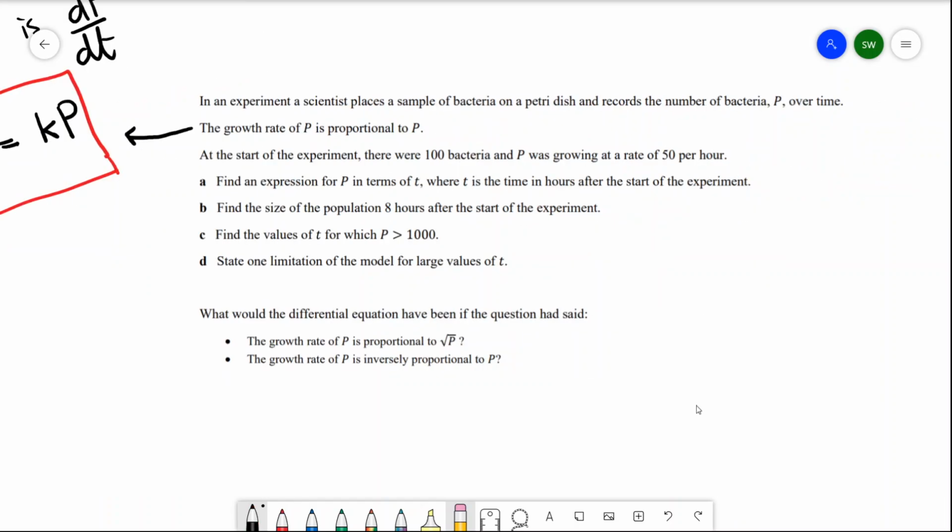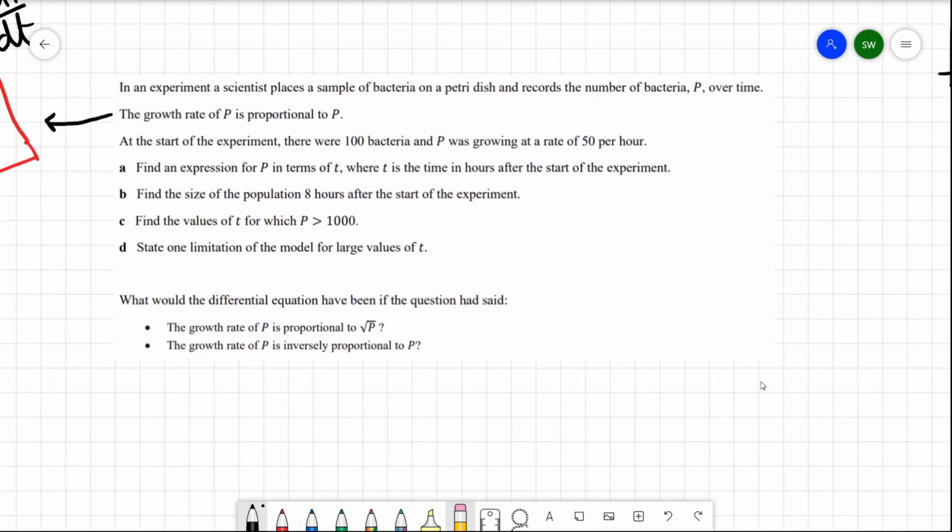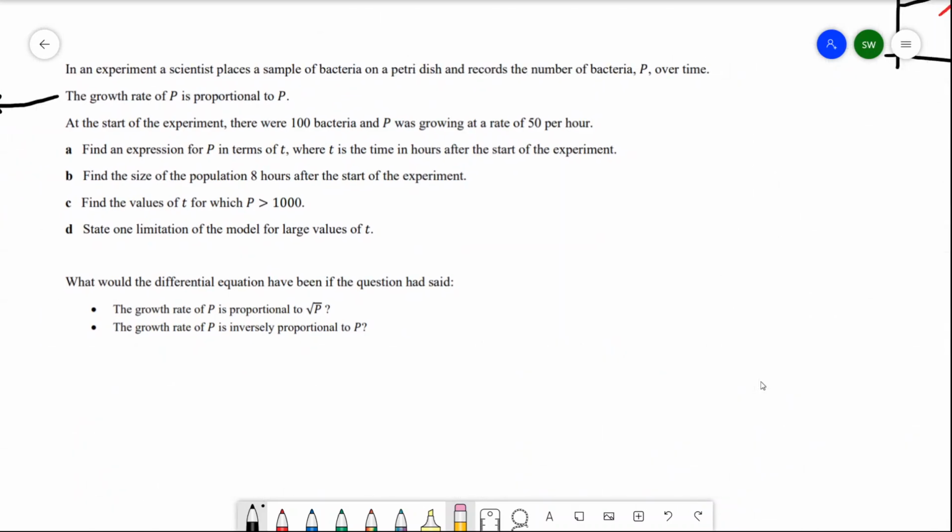Next, I'm going to look at the next sentence and write down what information we've got. So we're told at the start of the experiment there were 100 bacteria. So we know that when t equals 0, P equals 100. And we also know at the start of the experiment that P was growing at a rate of 50 per hour.